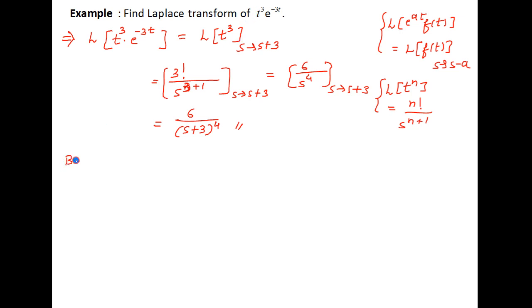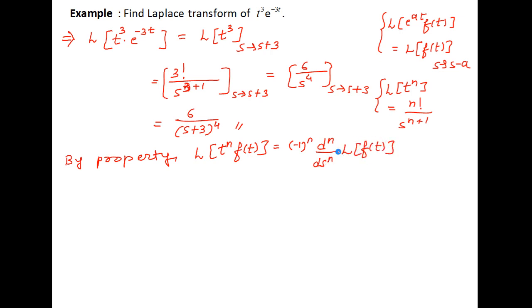So by property Laplace of t raised to n f of t, where the function is multiplied by powers of t, we can find its Laplace as minus 1 raised to n, d raised to n upon ds raised to n, Laplace of f of t. So here Laplace of t cube e to the power minus 3t, what we can write?